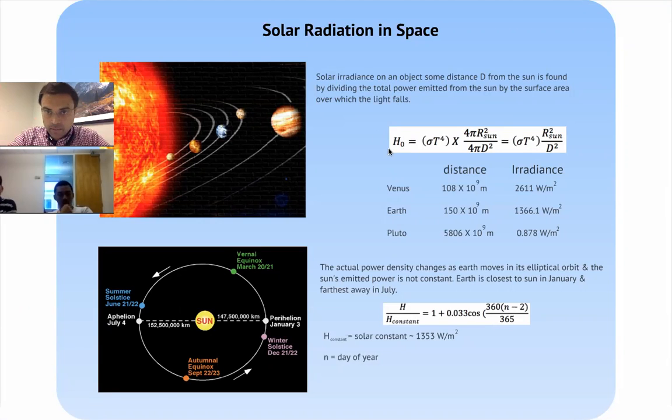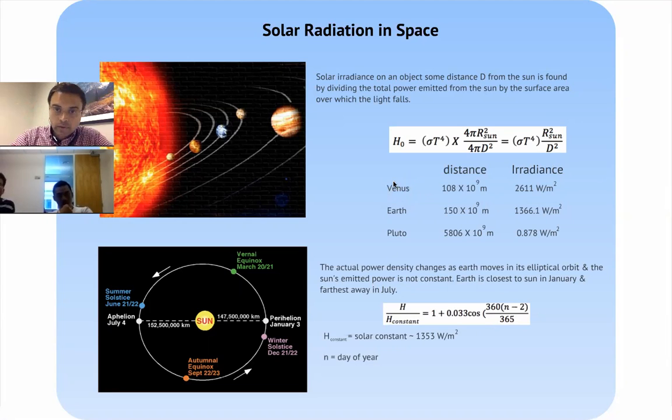In other words, the power density at different distances from the sun is simply proportional to the power density on the surface of the sun divided by d squared. So it goes as the inverse square of the distance, as you would expect, because the energy is getting spread over a sphere, and the surface area of the sphere is 4 pi d squared.